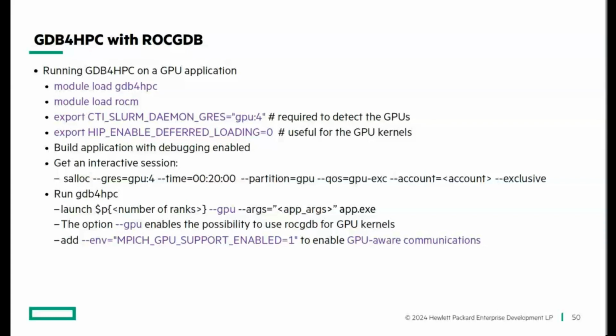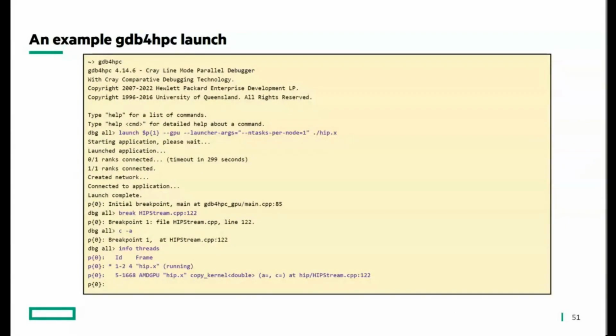If you go into GDB mode, you are able to check whether you're using rocgdb or not. So that's one way to check whether you're actually able to debug kernels on the GPU. Next slide, Harvey, is just an example.